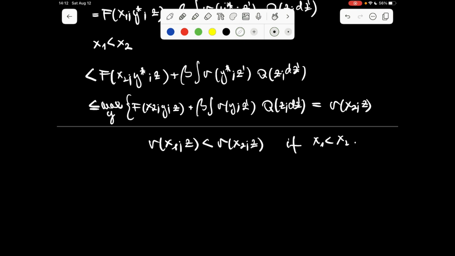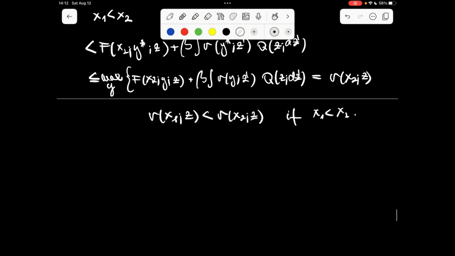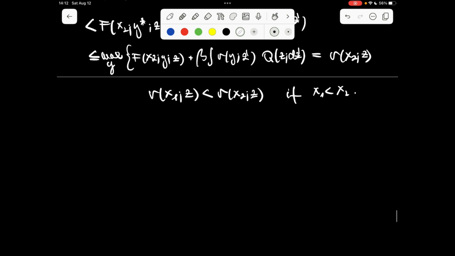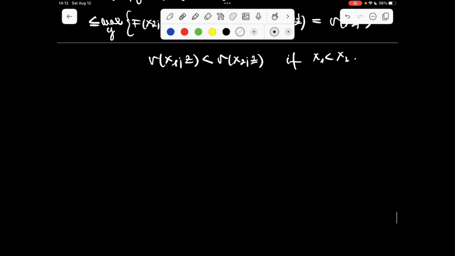So value function v is strictly increasing in its first argument. We couldn't use theorem 9.7 in demonstrating monotonicity of the value function because we couldn't build on the monotonicity of the correspondence. Correspondence gamma was not monotone in the required sense.